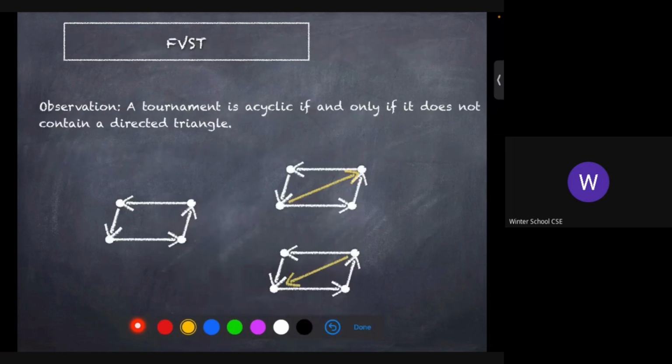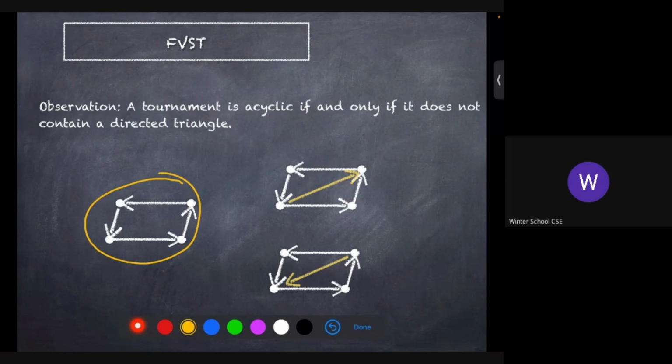And the observation here is the following: if my tournament doesn't have cycles, it also doesn't have a directed triangle. Why? Suppose I have a cycle in my tournament. But this is a tournament, so there should also be either this edge or that edge.